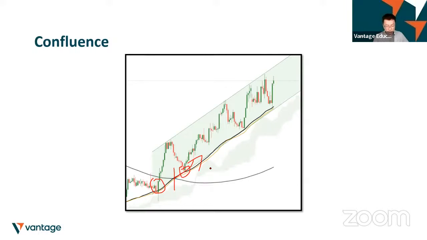So look for one or two, at the most three, good indicators that you're confident with to line up before getting into a trade. You see very good results there, right?